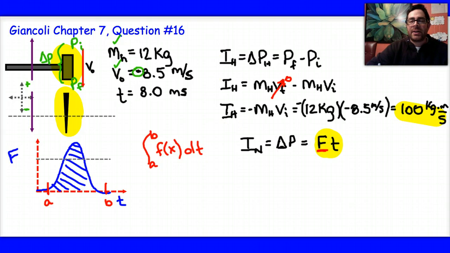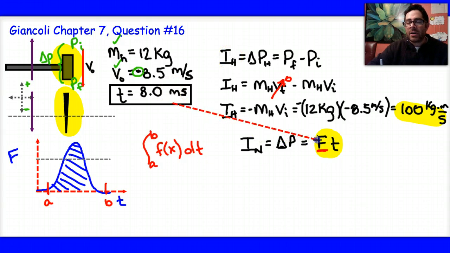We can see that in this problem I was given time, and so I should pay attention to that because ultimately I'm going to be substituting that in over here for time and basically solving for force. So let's go ahead and finish this problem.